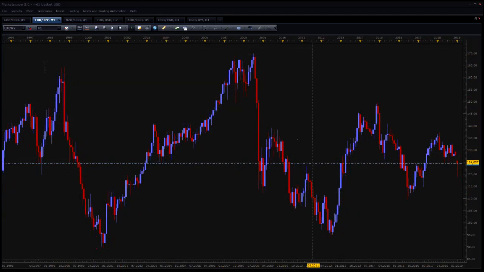More like consolidating, because it's not even forming higher highs and higher lows. But it is forming higher lows, but not lower highs, and that is a formation of a flagpole, which means that the waves are dissipating and the market is calming down, coming to a still. And when it's coming to a still, it's only a question of time when it will break out, and it will either break out to the north or break out to the south.